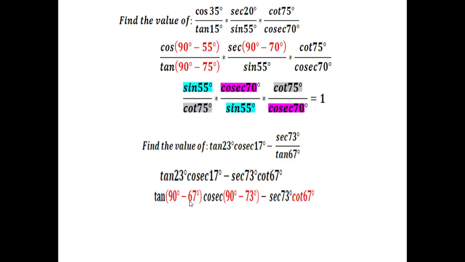So tan 90 minus theta is cot theta, and cosec 90 minus theta is sec theta. So ultimately we shall get cot 67 degree by sec 73 degree, minus sec 73 degree by cot 67 degree. Ultimately 0.